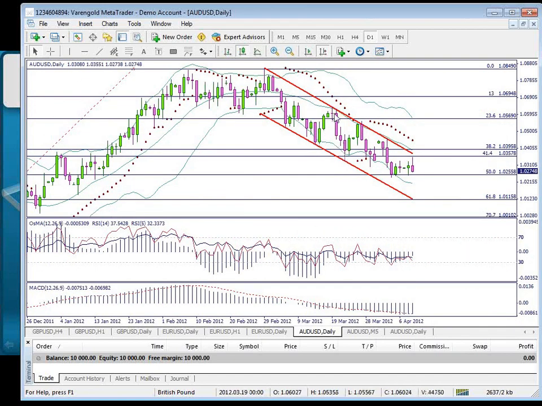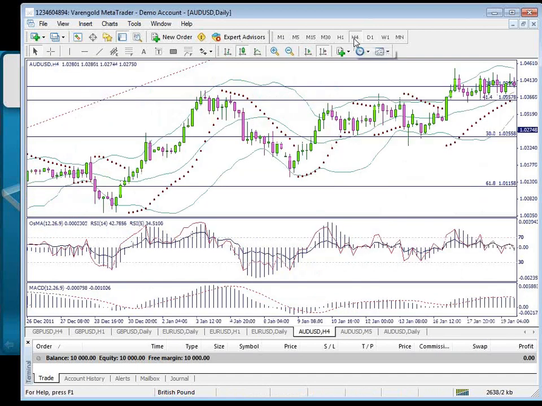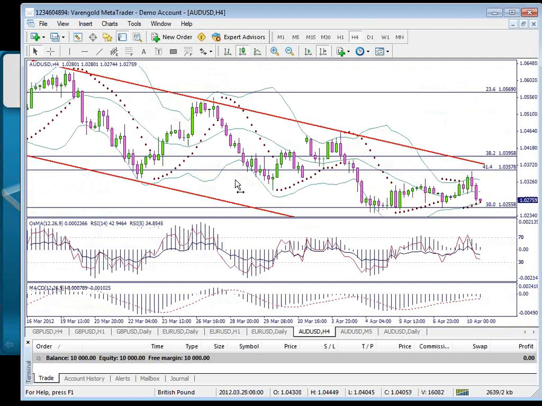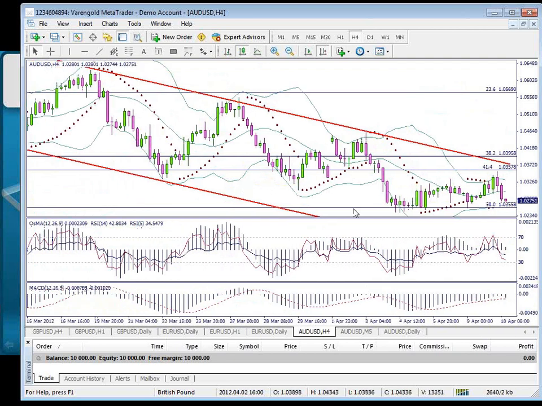And I will take one example of trade on the 4-hour chart. So I know that it is a downtrend. I will look for one sell signal, let's say in this area.